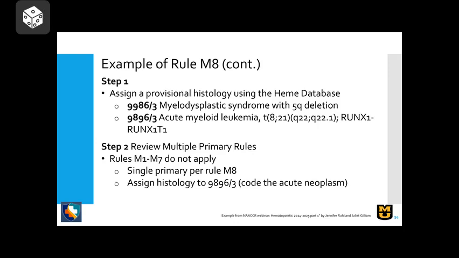Review the multiple primary rules. Rules M1 to M7 do not apply. Rule M8 says to abstract as a single primary and code the acute neoplasm when both a chronic and acute neoplasm are diagnosed simultaneously. So assign histology 9896/3, the acute neoplasm.